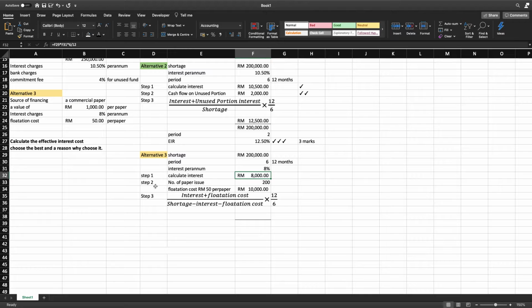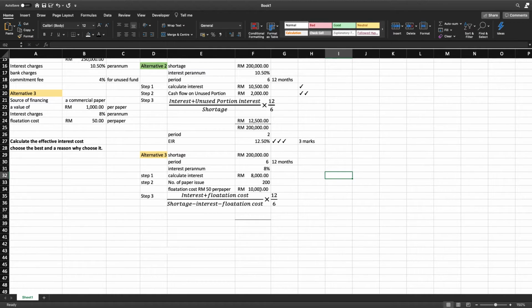Then, for commercial paper, you need to calculate the number of papers that you will issue. It is so simple: the shortage divided by the value of paper. The value of paper is 1,000, so you will get 200 papers. This is not a monetary value because it is the number of papers issued.